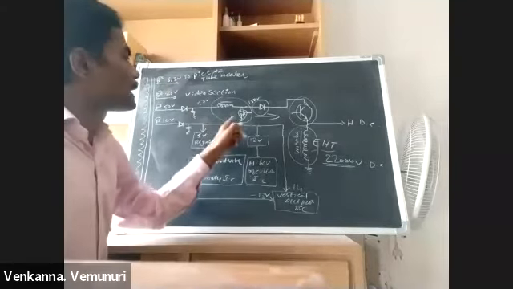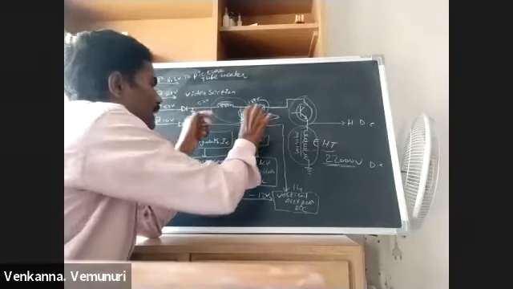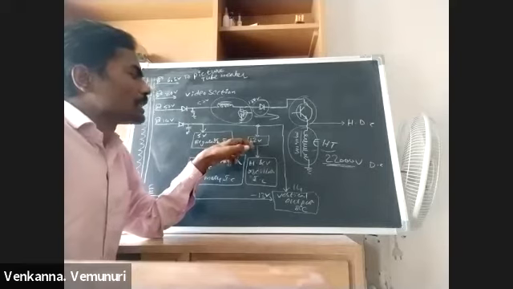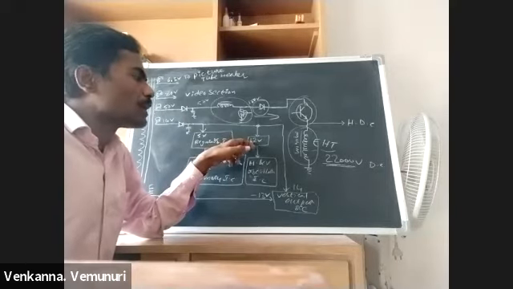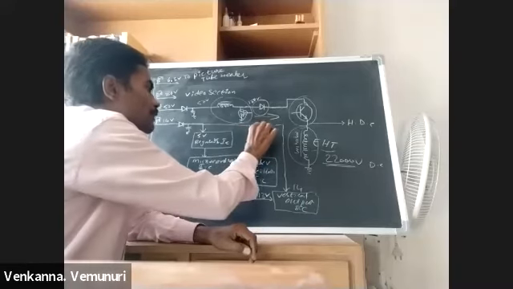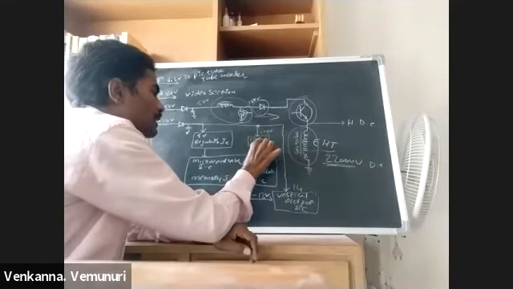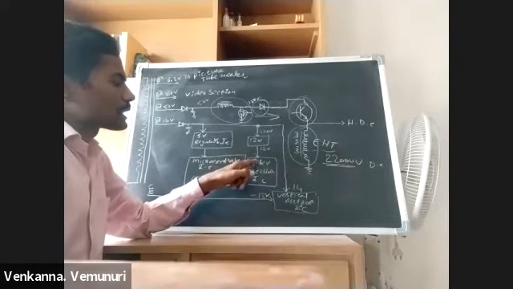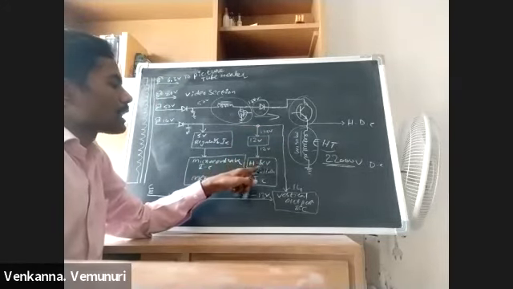Next, in this 14 volts line, we are connecting one 12 volts regulating IC, meaning 7812. This regulating IC is receiving 14 volts and giving an output of 12 volts. That 12 volts is connecting to the horizontal and vertical oscillator IC.